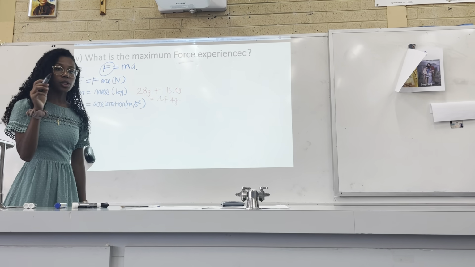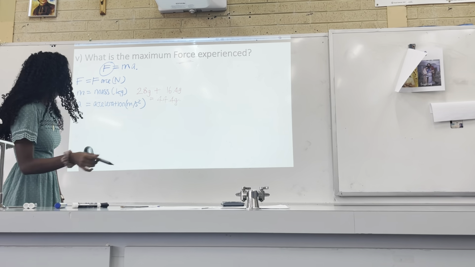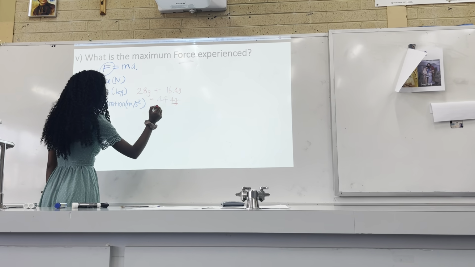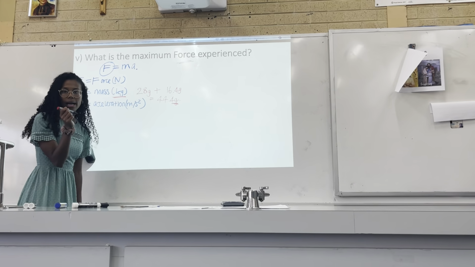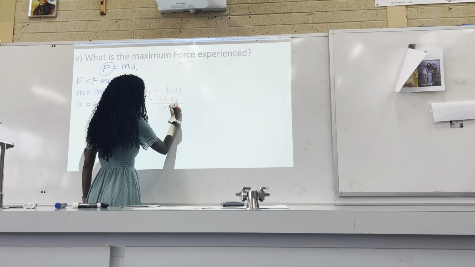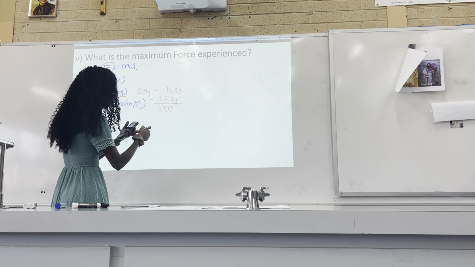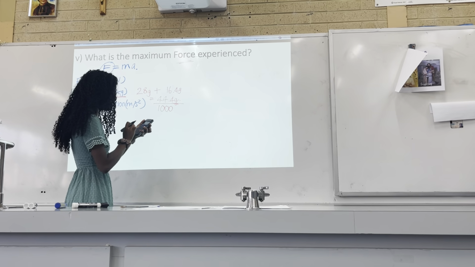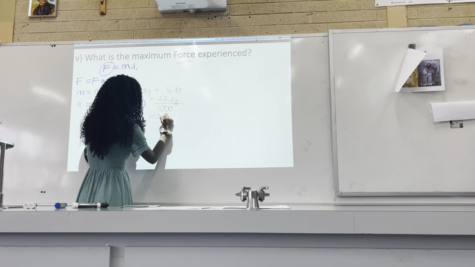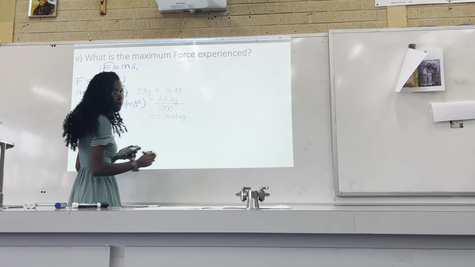However, this is actually where a lot of you get let down in our test. You're not converting. I've got it in grams, but we need it in kilograms, so we divide by 1,000. 44.4 divided by 1,000 equals 0.0444 kilograms.